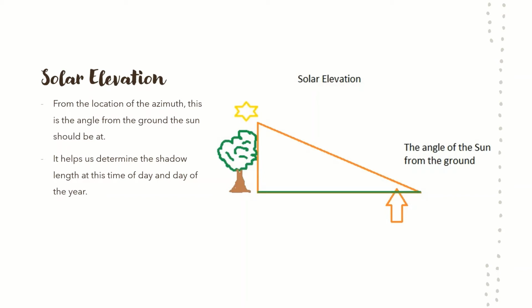And this is what we're going to use to determine the shadow length at the time and day of the year. So we'll use both of those. Obviously, the azimuth tells us where that sun's coming from, and the shadow will be the opposite direction of where that sun is coming from. That's worth keeping in mind.